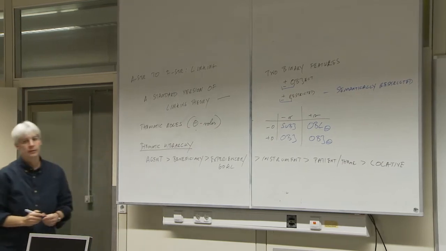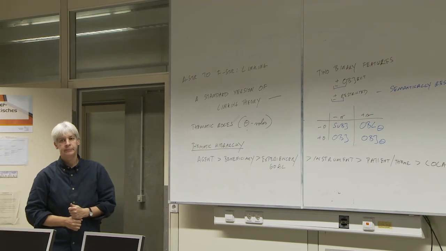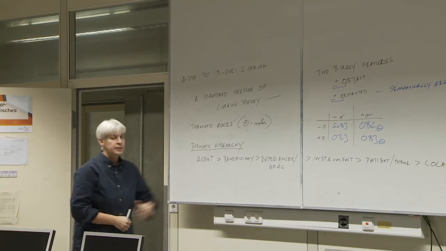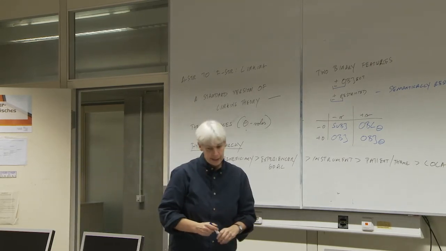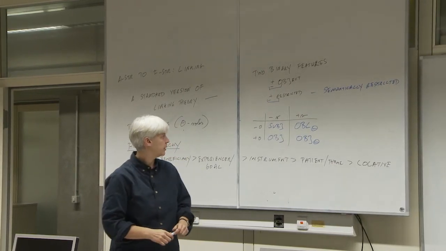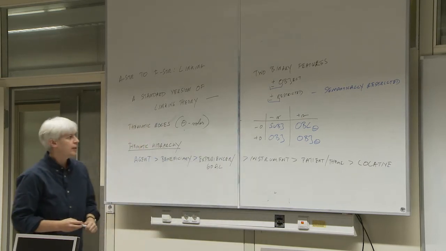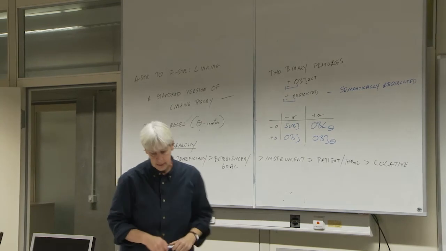Okay? So this gets us pretty far, in fact. I personally find linking theory or lexical mapping theory very impressive because it gets you very, very far with just these two features. And you can do quite a lot with it. So let's see what you can do with it.